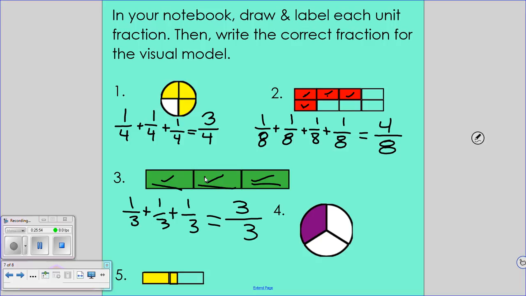Alright, let's look at number 4. Look at number 4. Ashlyn, what's going to be my denominator for number 4? It's going to be a 3. Okay, well, let's get to number 4 and then we'll go through it, okay? Alright, how many pieces am I using though, Ashlyn?